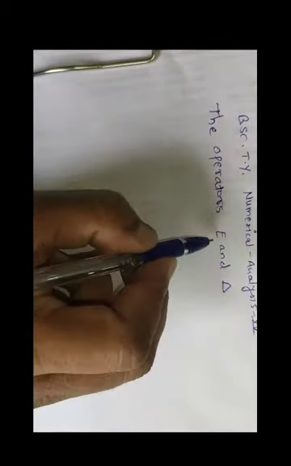We are going to discuss what the value of E is and what the value of delta is, how we can calculate them, and what the relation between them will be.